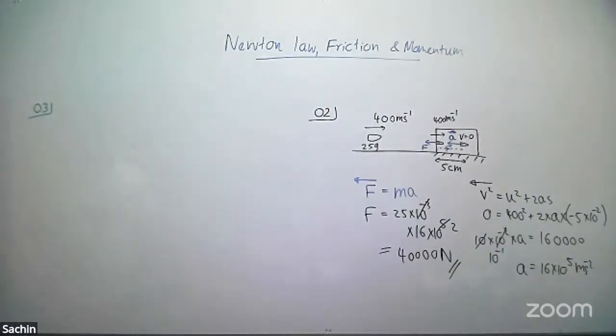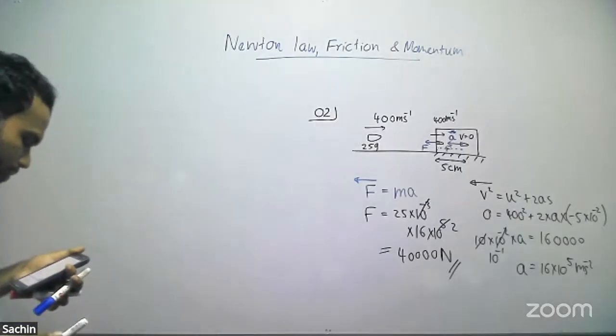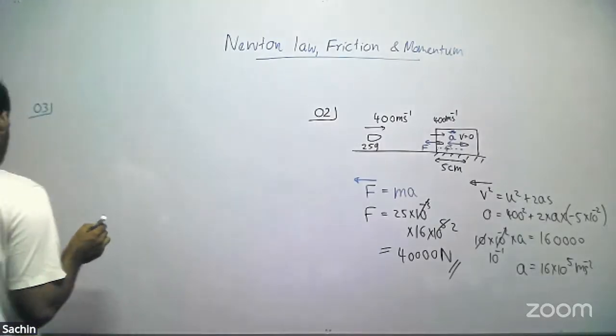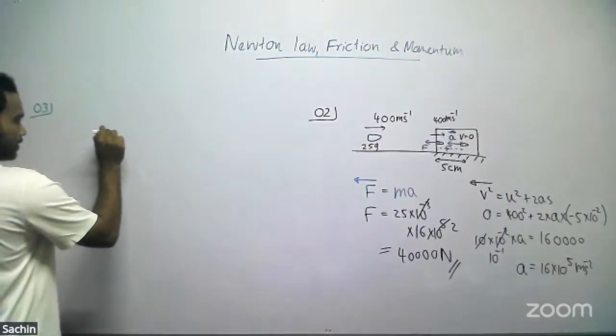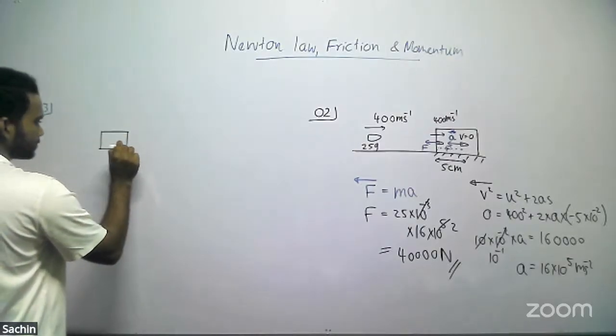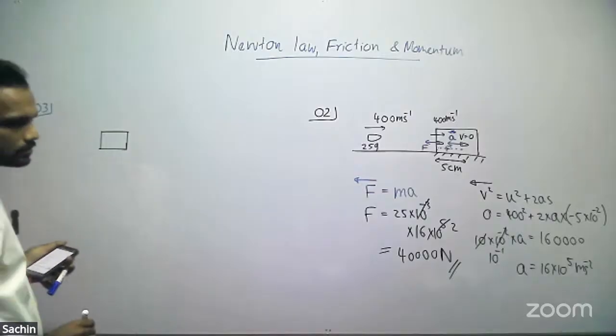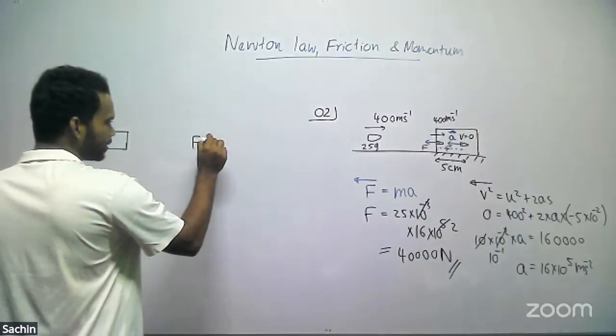Third one, which of the following objects of mass capital M has the greatest acceleration? Okay, there are 5 options. This was a past paper question as well. They're asking which has the highest acceleration. So the simple thing is this.